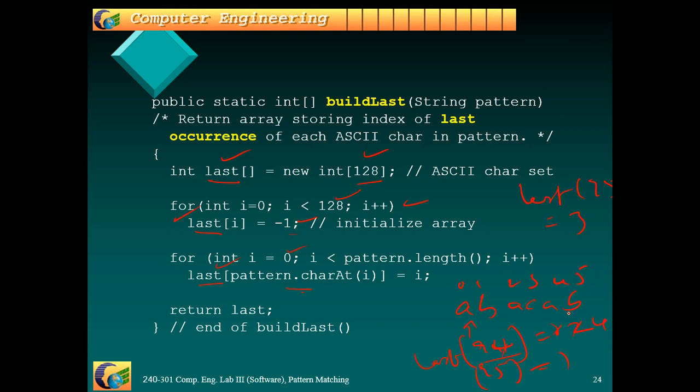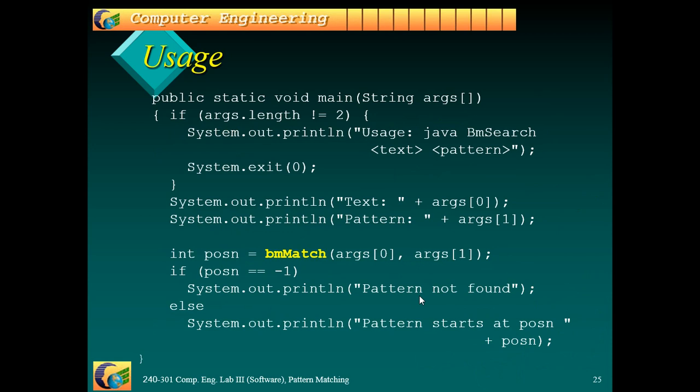Now for B again, it is replaced with 5. So you got the last occurrence values: for A it is 4, for B it is 5, for C it is 3. And for D, of course, it remains minus 1, because for all other characters it is minus 1, which was done before. That's how you calculate this last occurrence array with this particular function.